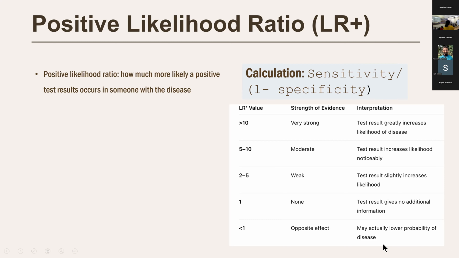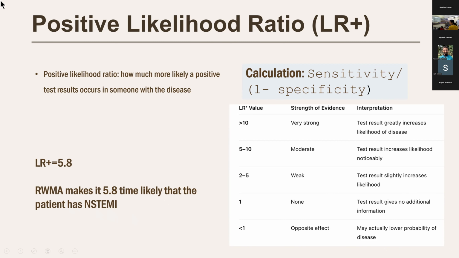I think 42.3 is sensitivity, 1 minus 92.7. Yeah, so 5.8, you calculate. So the positive likelihood ratio here is 5.8.